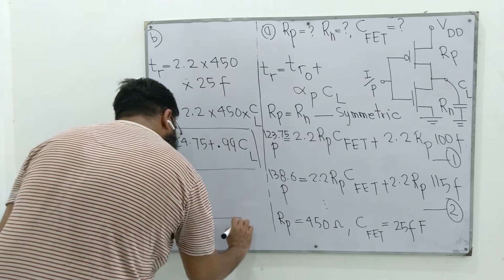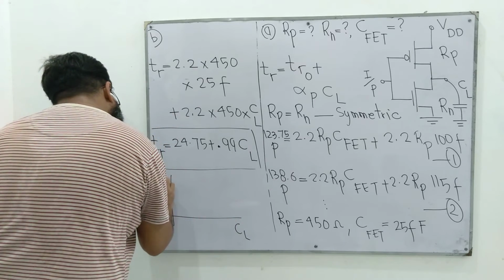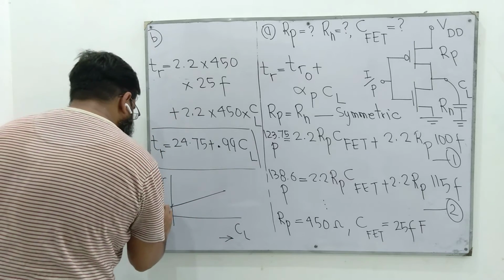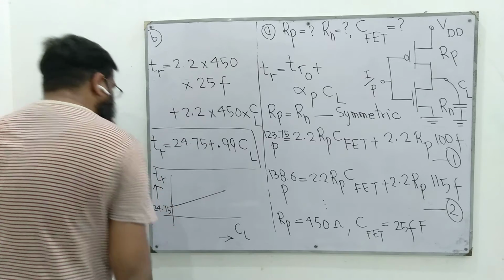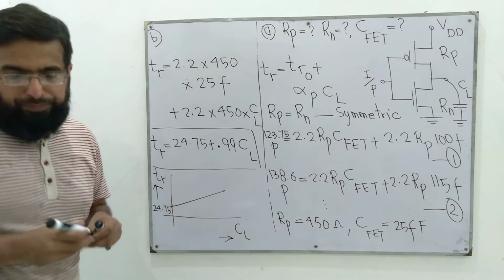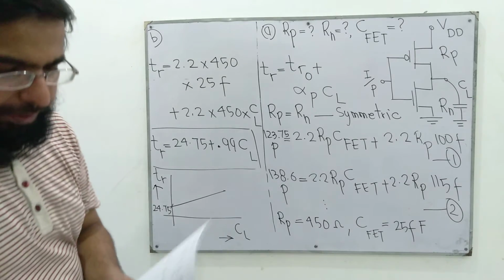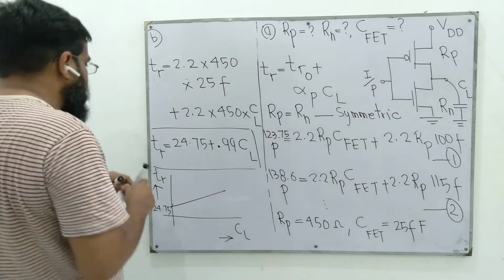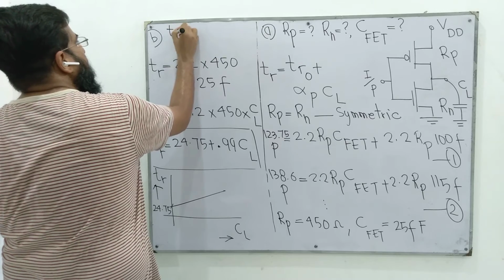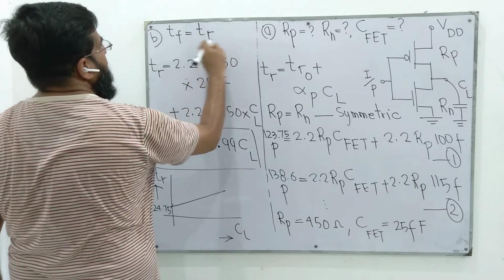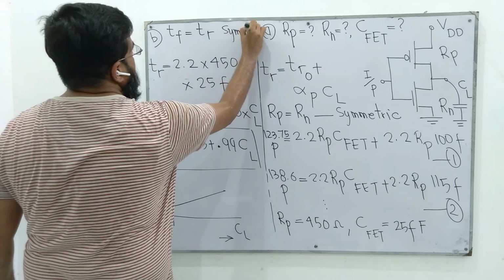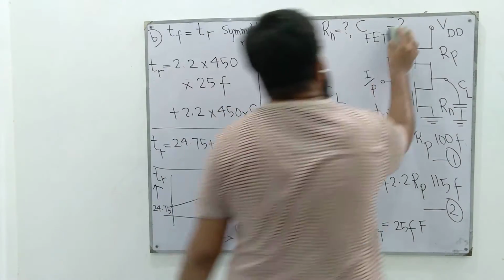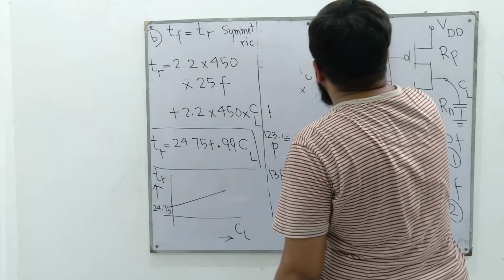If you plot Tr versus Cl, this gives us a straight line where the y-intercept is 24.75, and it goes on linearly. In part B, we are also required to find Tf, and Tf is the same as Tr because it is symmetric.